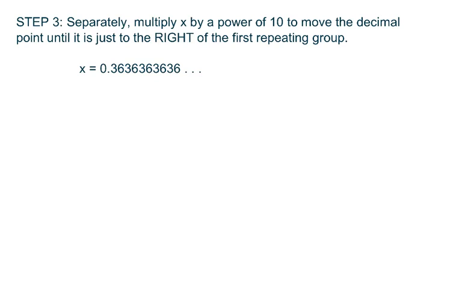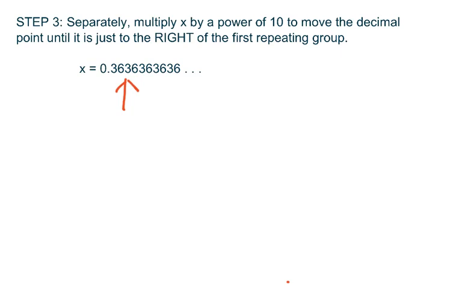Step 3 will sound familiar, but it's different. Multiply x by a power of 10 to move the decimal point until it is just to the right of the first repeating group. Here's my value of x from step 1. I would like to move the decimal point until it is right there, right after the first 36.